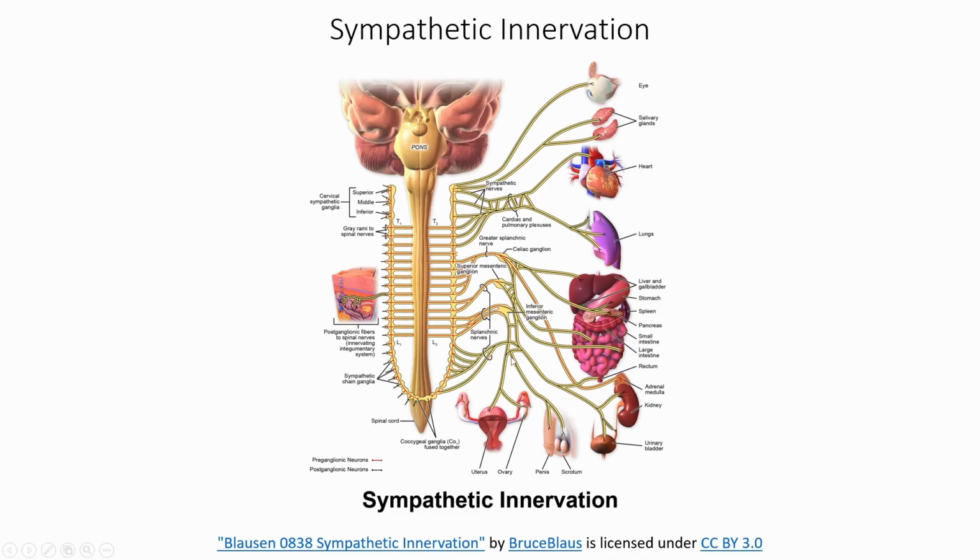And then the inferior mesenteric ganglion is talking to some of the lower organs down at the bottom. So this is what we're seeing on the sympathetic innervation side. The cardiac and pulmonary plexuses are that interwoven network to talk to the lungs and the heart. And then the eye and the salivary glands have their own that go directly to them.